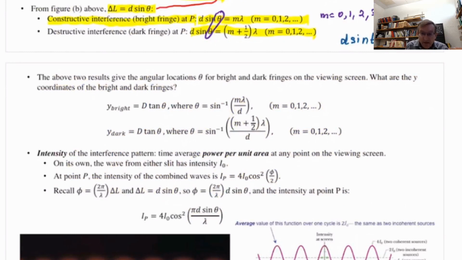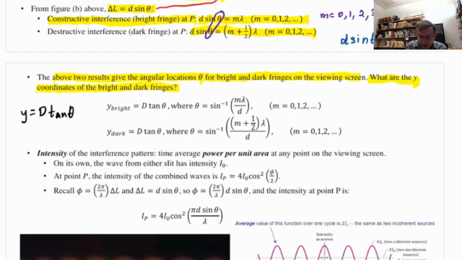So as I said, those expressions right up above give the angular location theta for a bright or a dark fringe on the viewing screen. But what are the corresponding y values for the bright and dark fringes? You just use, like I said, y equals big D tangent of theta.